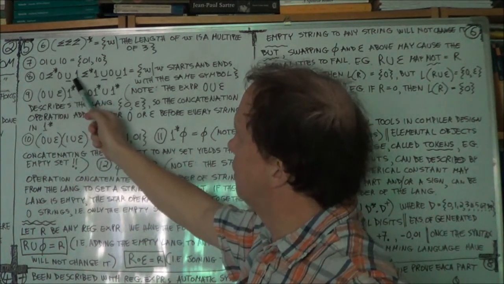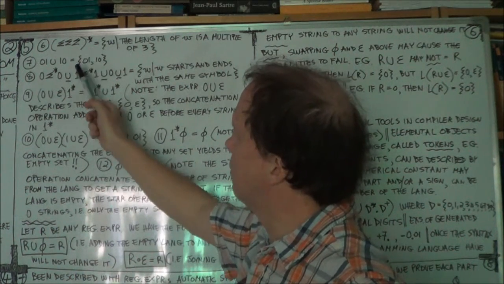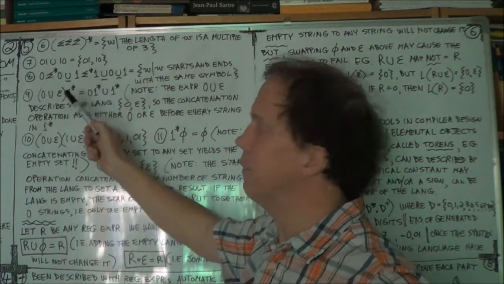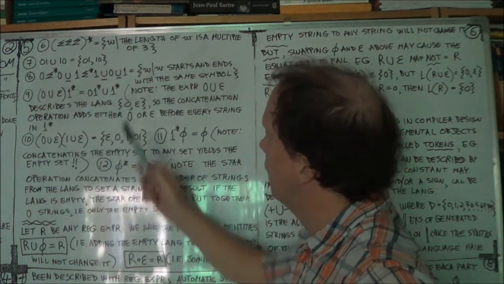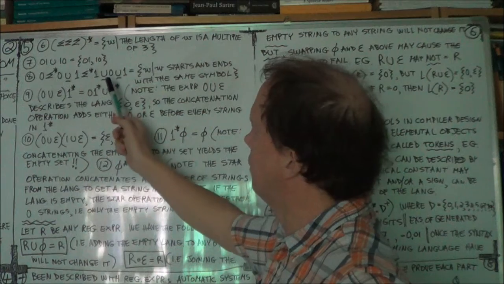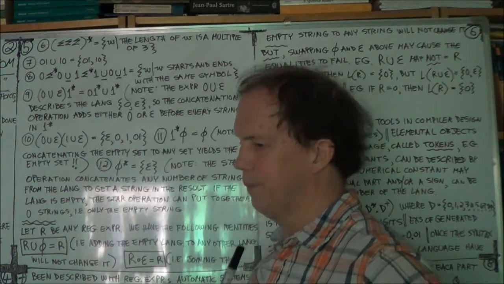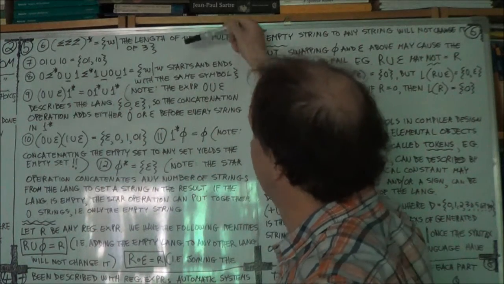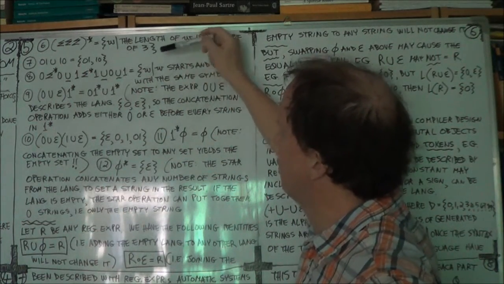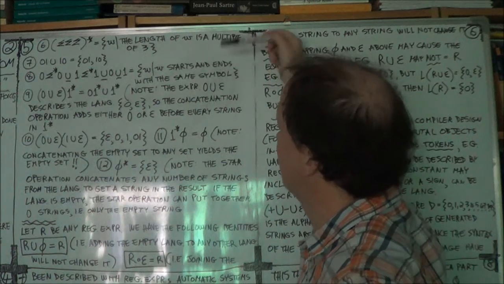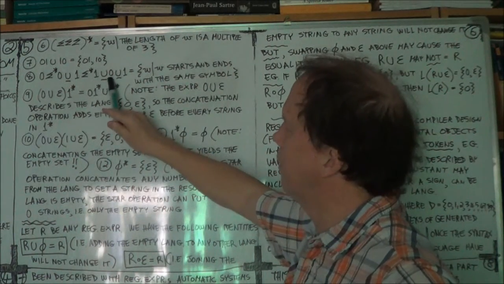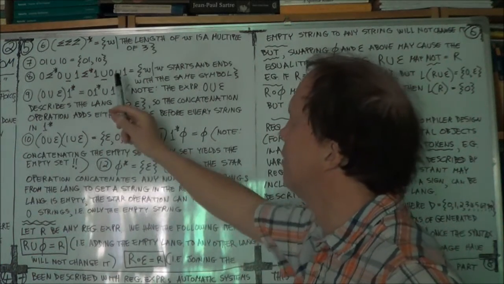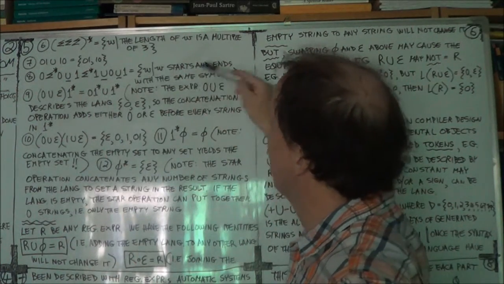And you're unioning that with something similar: any binary string that starts and ends with a 1, and anything in between. And with just the 0 or 1. Now what do those 4 all have in common? Well, it's the set of strings W, where W starts and ends with the same symbol. Now, if you only have one symbol, I guess you start and end with the same symbol, right? So similarly for these two. So that would make sense.